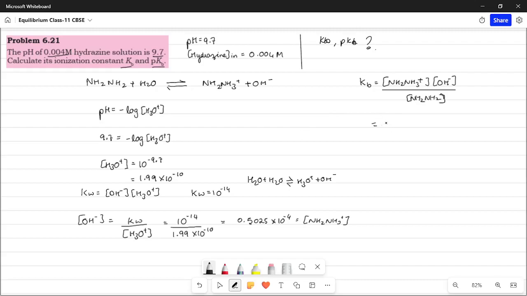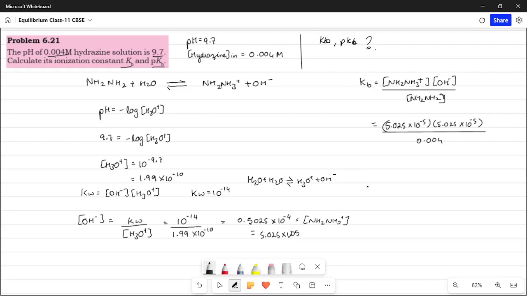Okay, so all we are going to do is substitute the various values. So you have, I'm also going to change this into 5.025 into 10 to the power minus 5. I felt it was a little bit easier when I was doing the math. So 5.025 into 10 to the power minus 5 into 5.025 into 10 to the power minus 5, whole divided by the concentration of NH2NH2, which is 0.004.